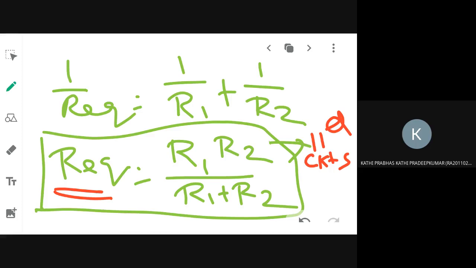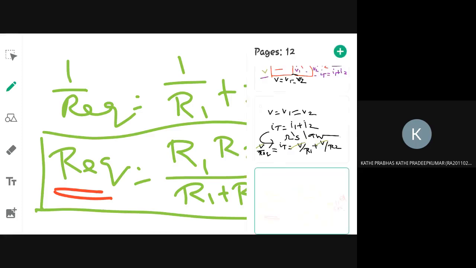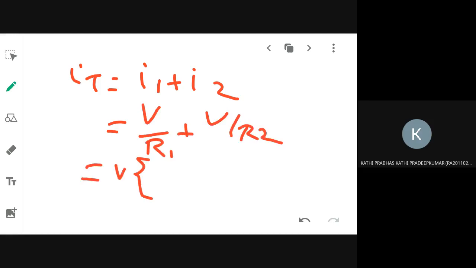Now one more thing I have to derive. IT is equal to I1 plus I2, which is V divided by R1 plus V divided by R2. If I take V commonly out, I will get 1 by R1 plus 1 by R2. Simplify this further. If I take LCM, what will be the equation?